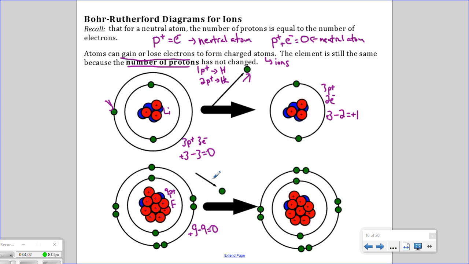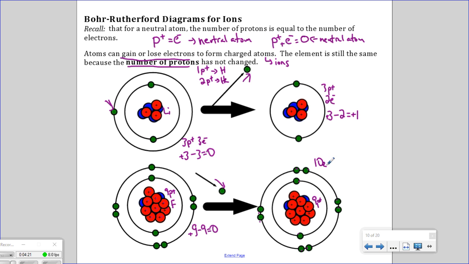Now fluorine can gain an electron, and that's what's happening here. When it gains an electron, it still has 9 protons in its nucleus, but it now has a total of 10 electrons. So we have 1, 2, 3, 4, 5, 6, 7, 8, 9, 10.